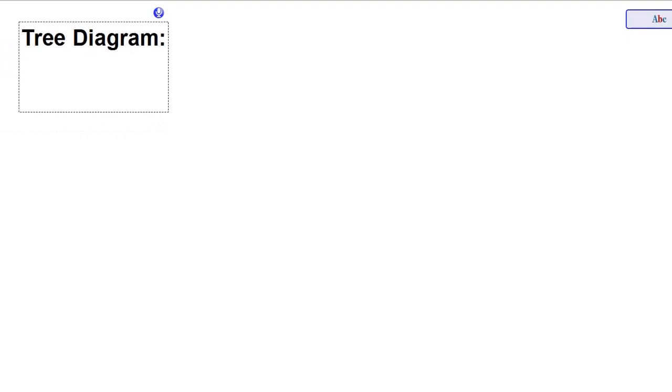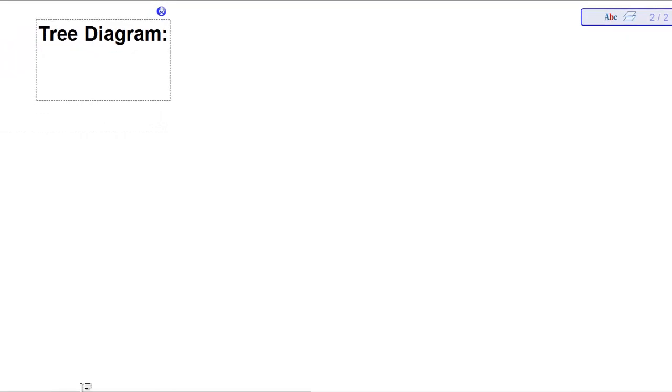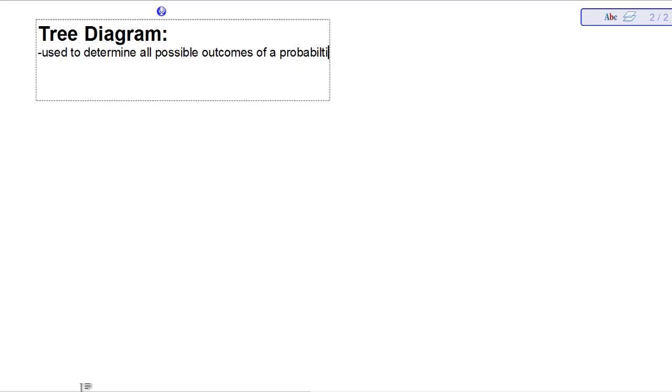One way of doing this is what we consider a tree diagram. So if we look at a tree diagram, this is going to be where we can, it's used to determine all the different or all the possible outcomes of a probability experiment.